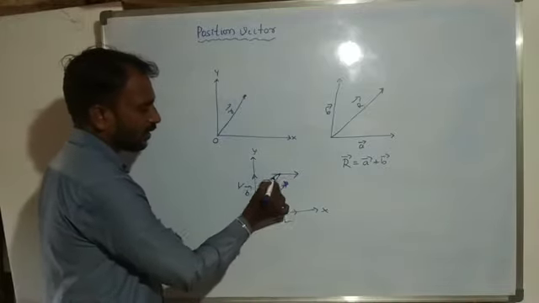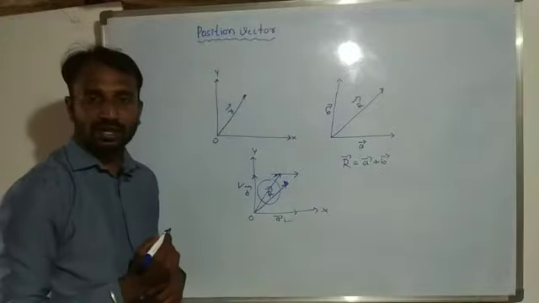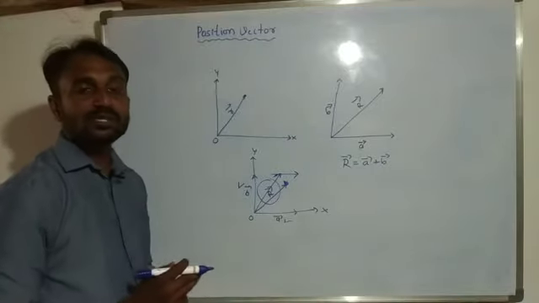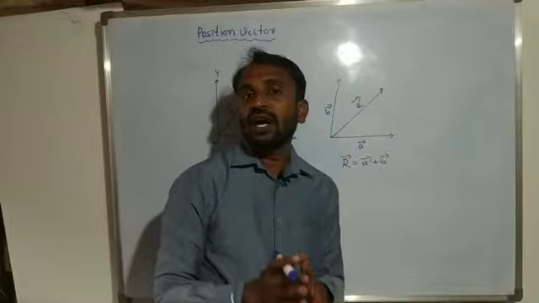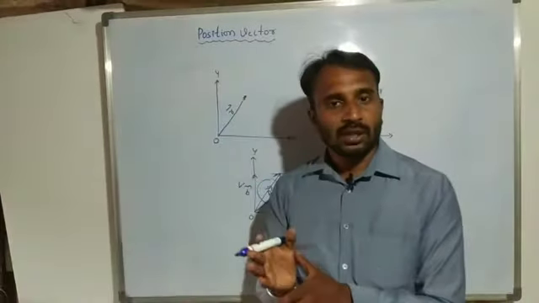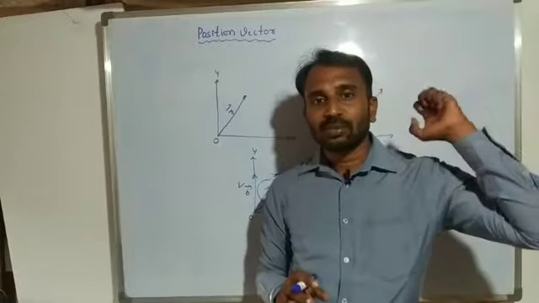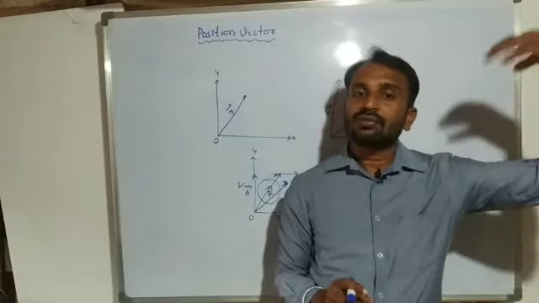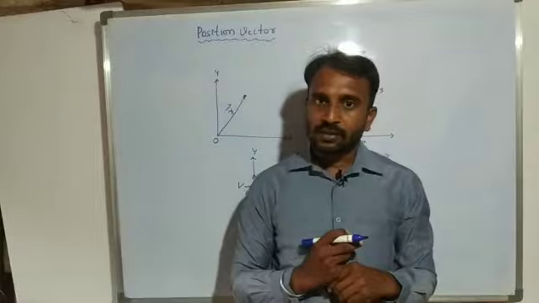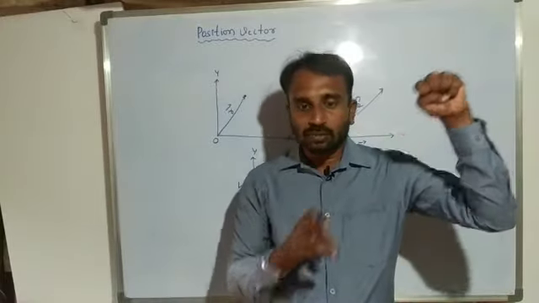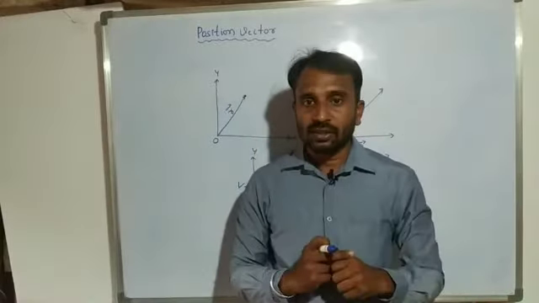Again we consider that this is the position vector. By using this position vector, we will find the position of the particle. Suppose the object is moving in a plane or placed at a particular position in a plane, or we consider that it is in space. We have to find this position by using the position vector.